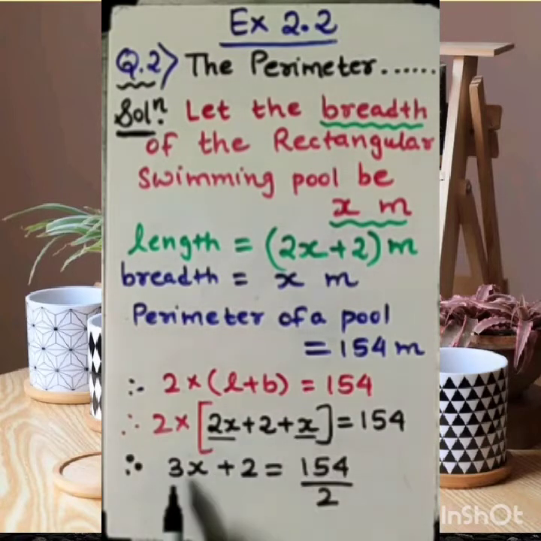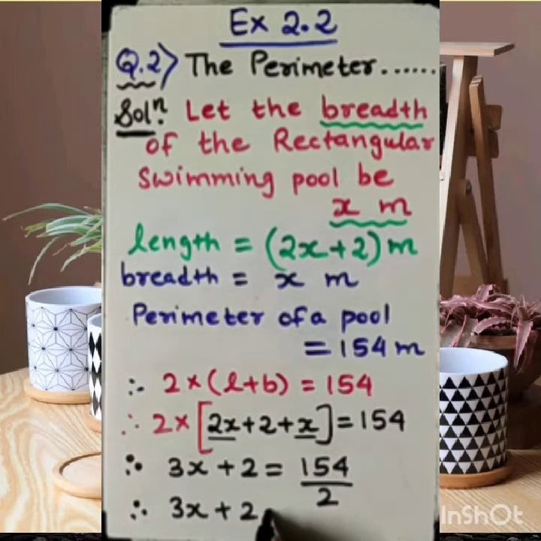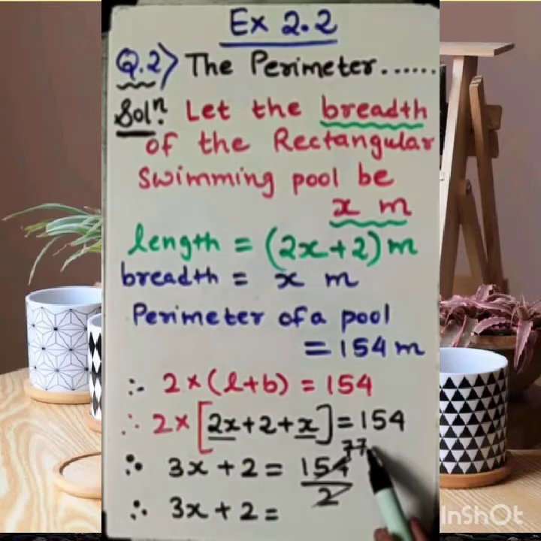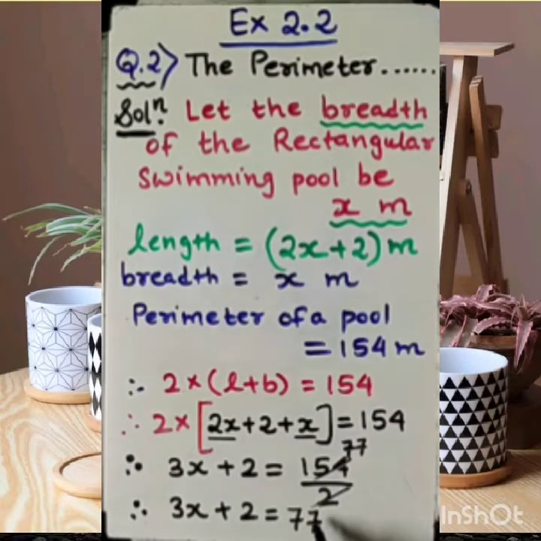Dear student, when we divide 154 by 2, it gives the result 77. So the equation in its simplest form with us is 3x plus 2 equal to 77.